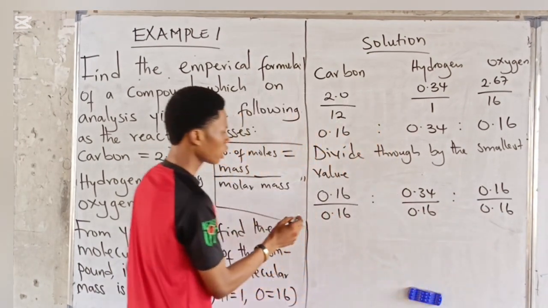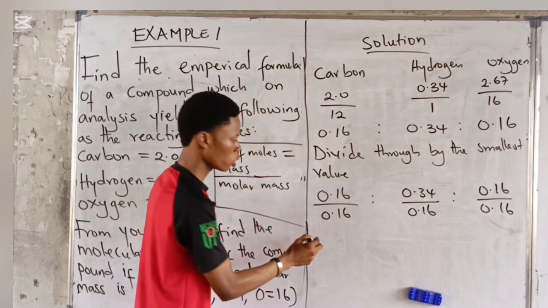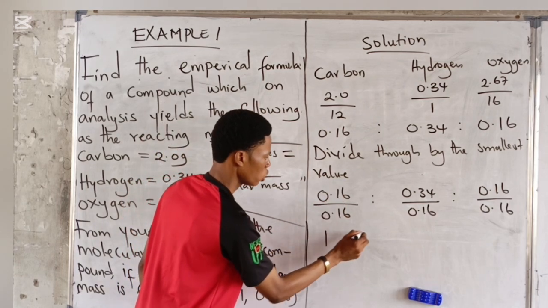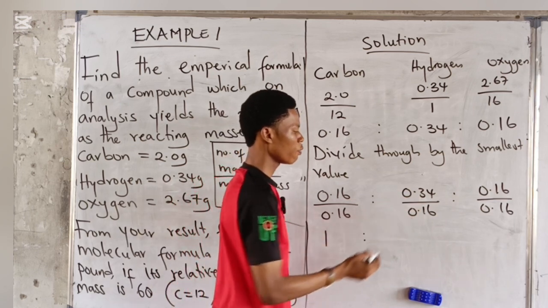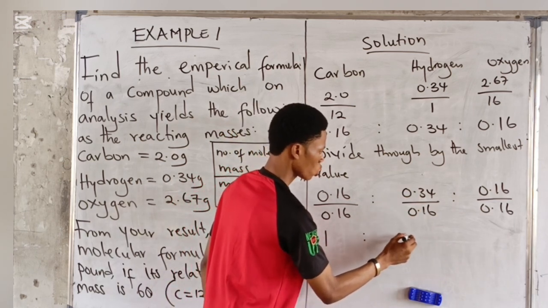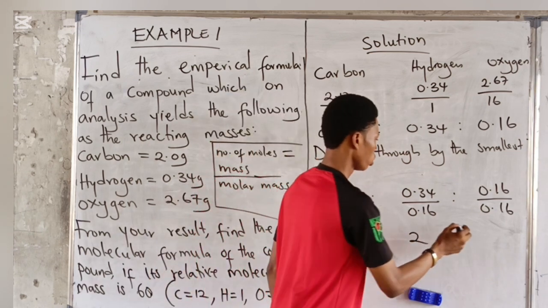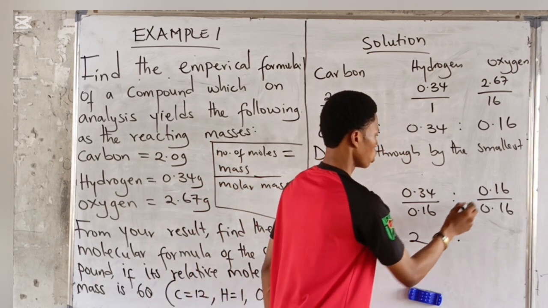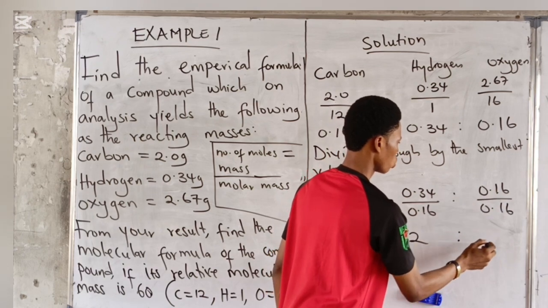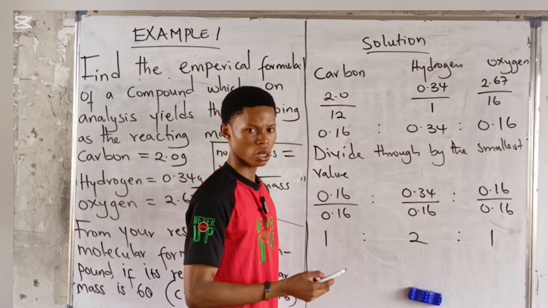So 0.16 over 0.16 will give us 1, right? Then 0.34 divided by 0.16 will give us 2, right? Then 0.16 divided by 0.16 will give us 1. Please confirm that 0.34 divided by 0.16 gives you 2.